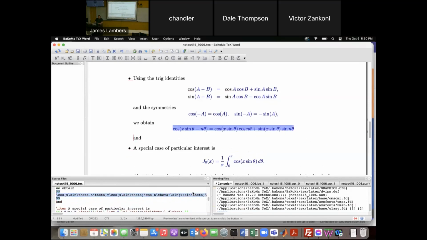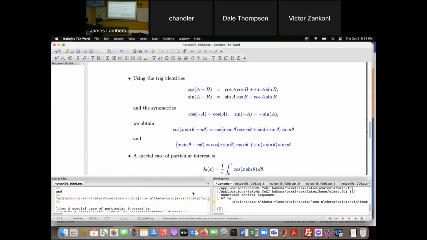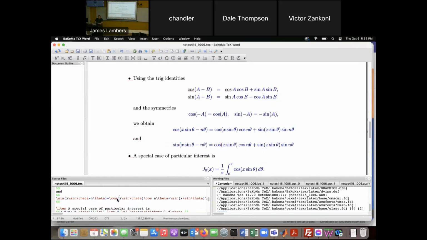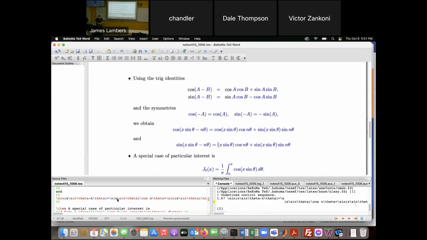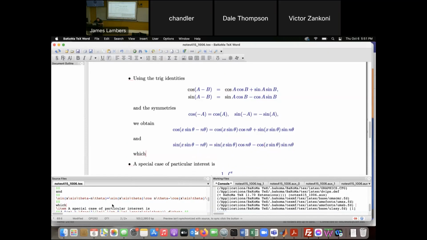Okay, and similar for sine, all that, minus cosine.